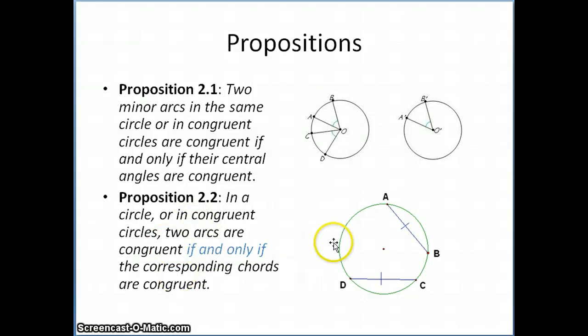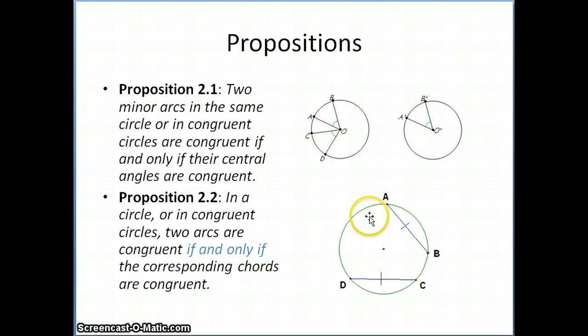So that's the proof. If we know two arcs are congruent, then we can prove these two triangles are congruent. Of course, AB and CD are corresponding sides, so they are also congruent. So we proved if arc AB and arc CD are congruent, then the chord AB and the chord CD are congruent.